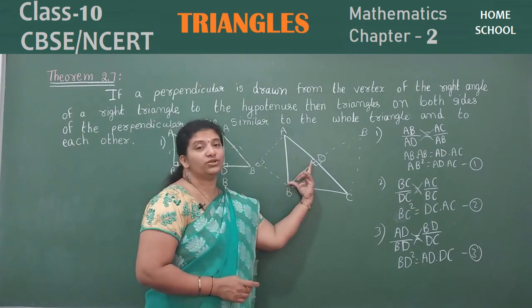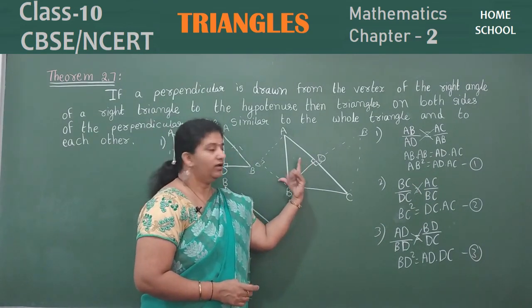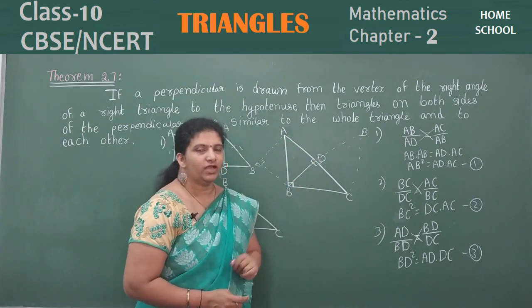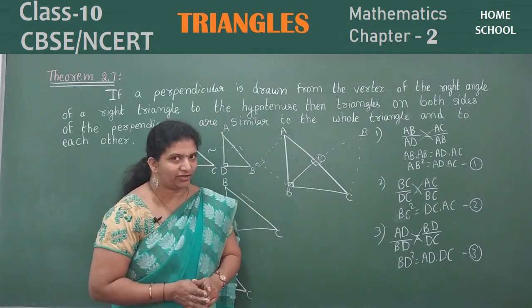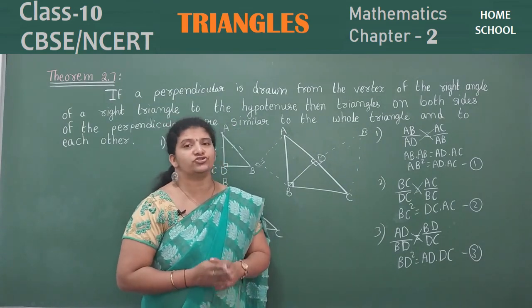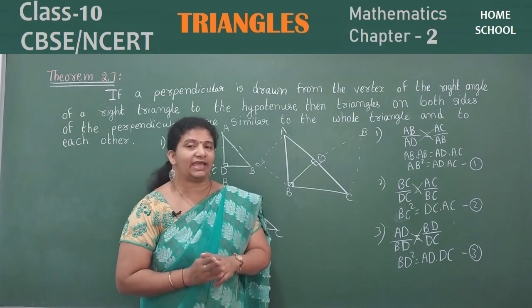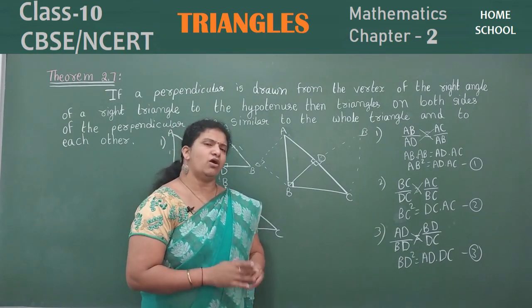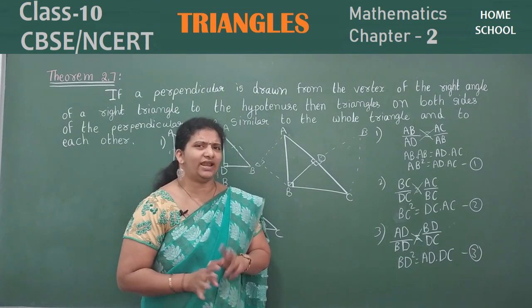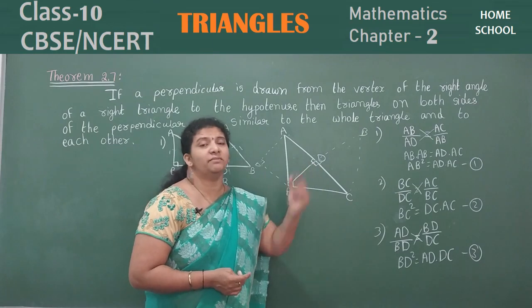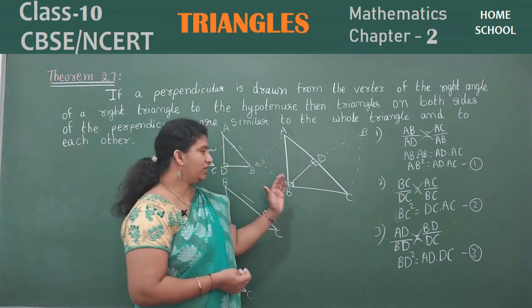And now coming to this one, the perpendicular. BD square is equal to AD into DC. So once again, look here carefully. When a perpendicular is drawn from the vertex of the right angle in a right triangle, then you can say all the three triangles are similar to one another. If they are similar, I can frame some equations from the ratios. What are those?